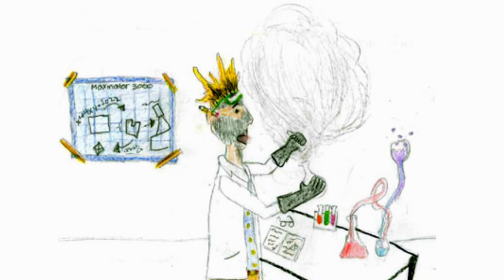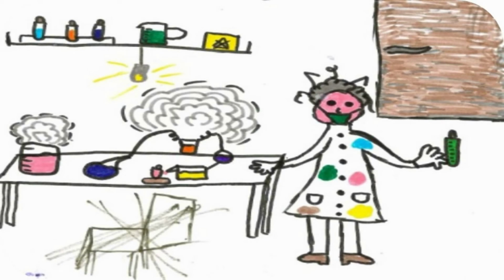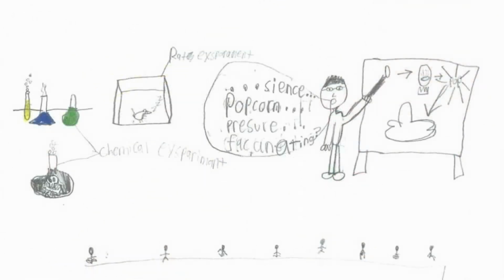It has been studied by actual scientists to determine stereotypes of scientists that children have. So the directions I give them are simple. Draw a scientist doing science. And you find that they generally draw these stereotypical mad scientists, old men in labs exploding things.